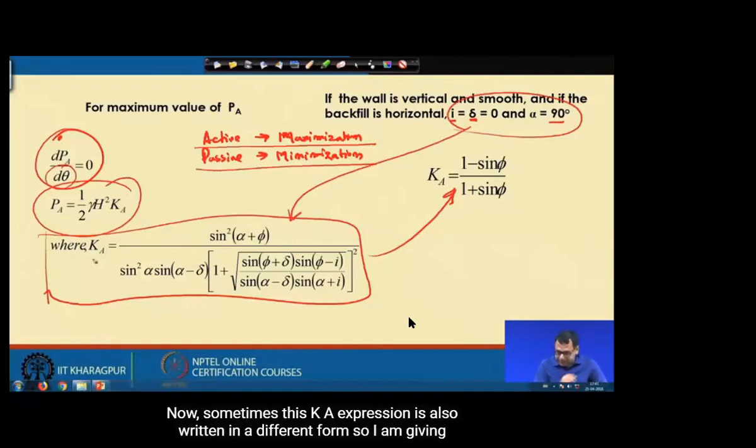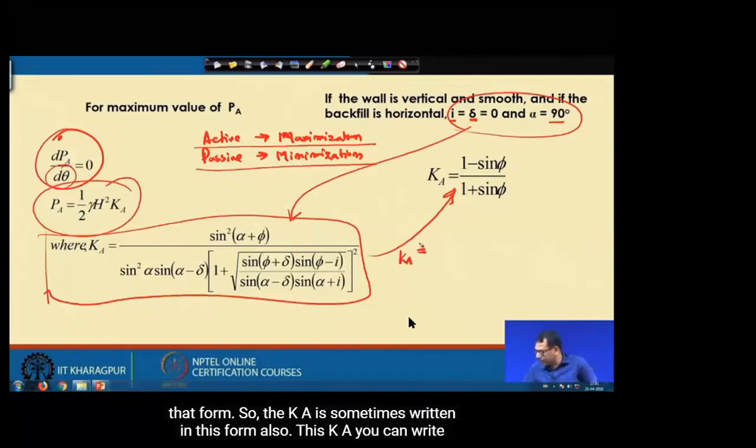Now, sometimes this K expression is also written in a different form, so I am giving that form.